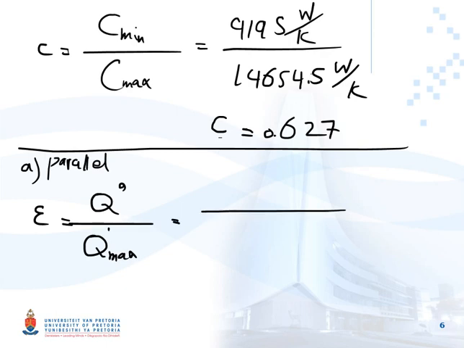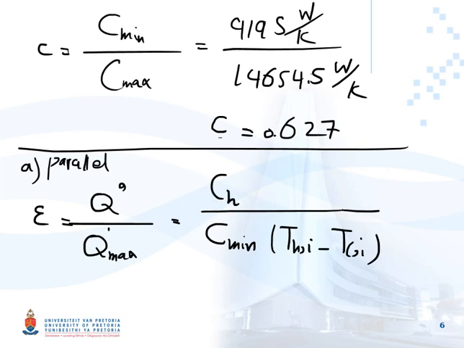We said that Q dot max is based on the cold water, so basically it's C minimum times (Th in minus Tc in), and on top we have Ch (Th in minus Th out).